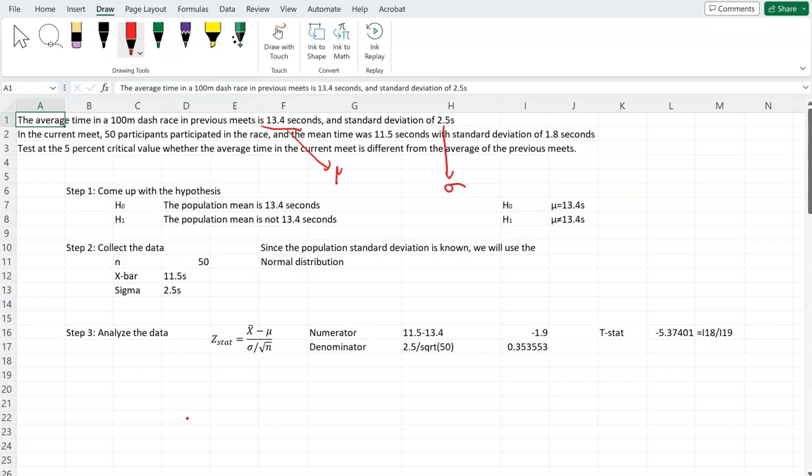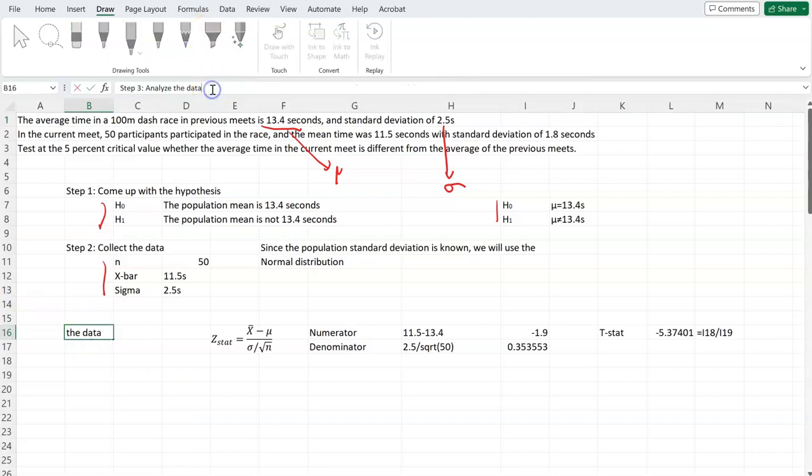In that case, the null and alternate remain the same. The question is exactly the same. We collected the data. Now, instead of analyzing the data, we are going to find the z-value, or the z-statistic. This is the formula, which is x bar minus mu.